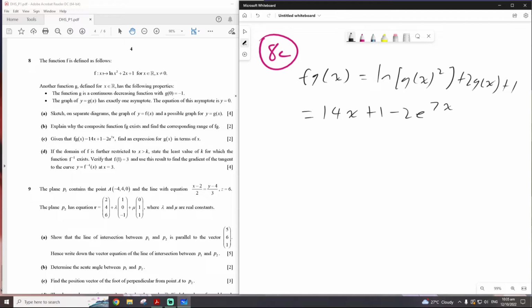So my guess is I compare the 2g(x) to the 2e^(7x). I'm making a guess between these two. The guess is that g of x is minus e to the power of 7x. And in fact, e to the power of 0 is 1, so of course this makes sense.